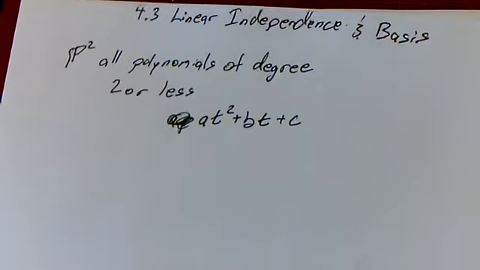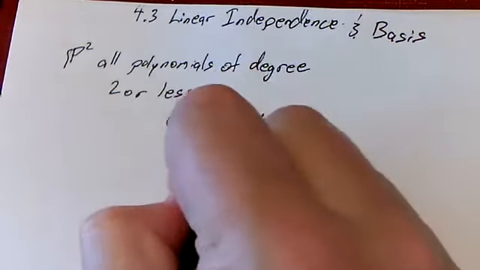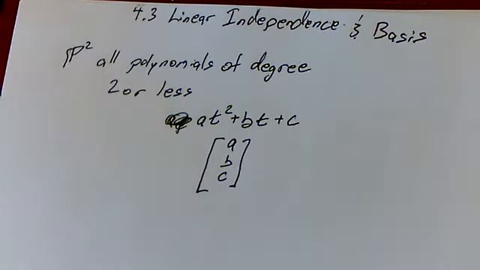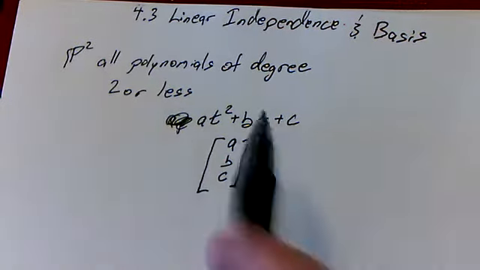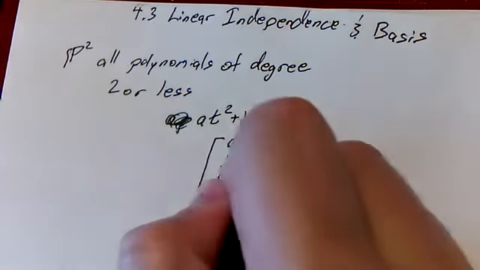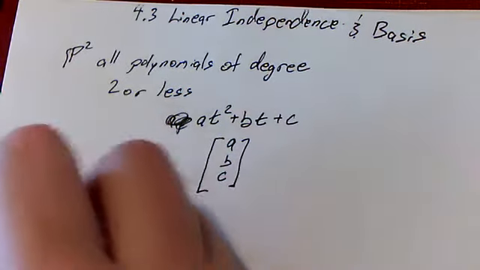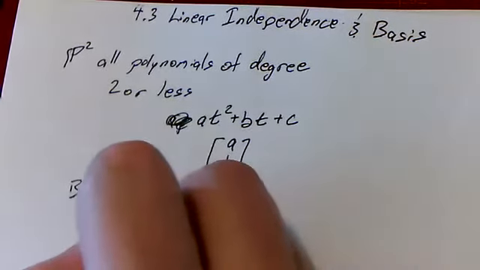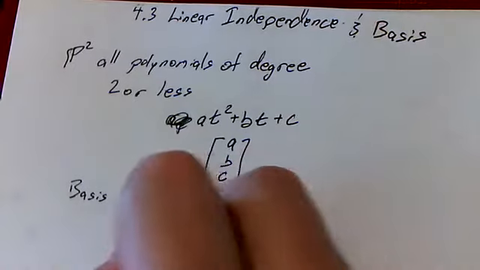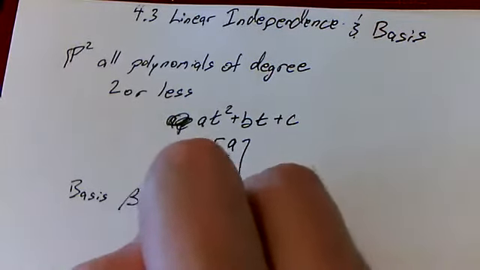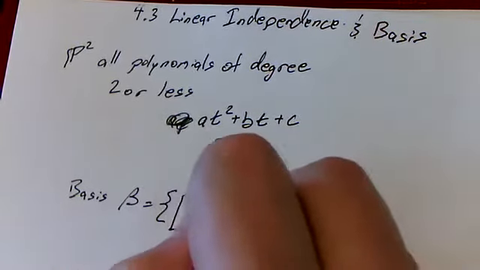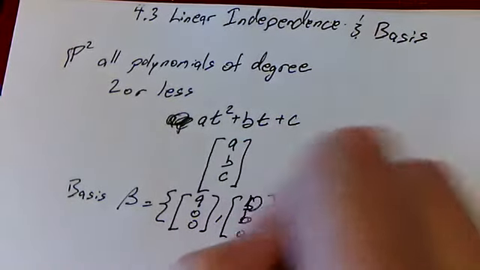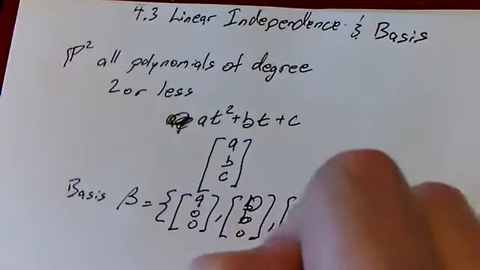So it's logical then to think about the vectors in P2 looking like (a, b, c). They have an a component, a b component, and a c component. So naturally we could set up a basis for P2, call our basis B. And this basis B would include the vectors (a, 0, 0), (0, b, 0), and (0, 0, c).